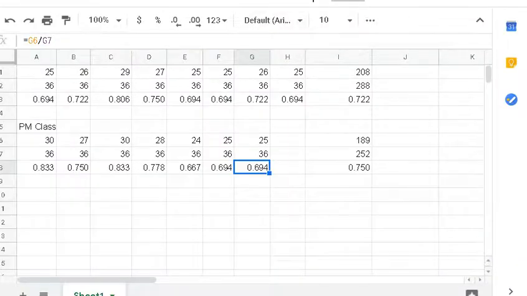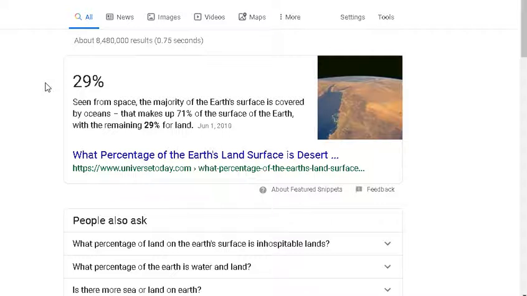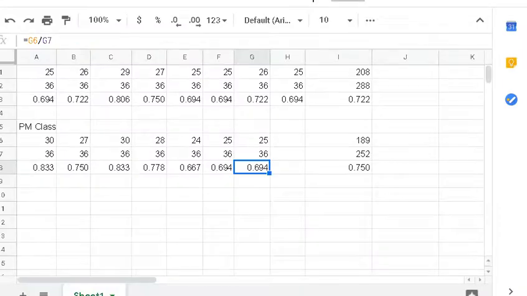You can ask Google, right? Google knows everything. All right, you can't always do that, though. So the true population proportion of the Earth's surface covered by water would be what? 71%. All right? Well, I don't think anyone in our sample hit that, did they?